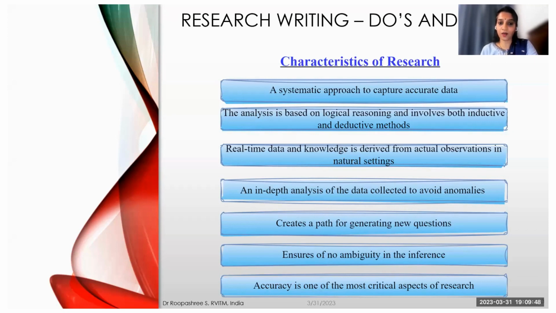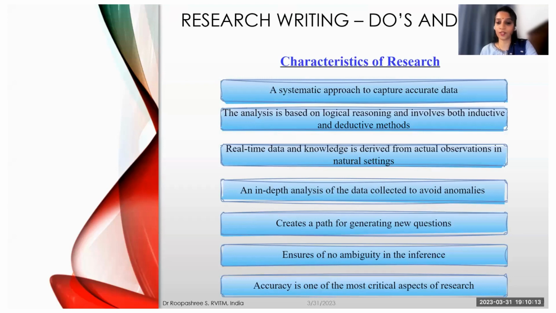It is also the collection of real-time data and knowledge derived from actual observation in natural settings. The next characteristic is the in-depth analysis of the collected data to avoid anomalies. So if you can see, the major four characteristics actually revolve around the collection of data.